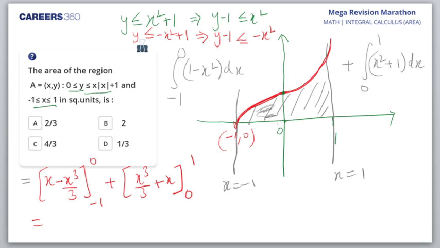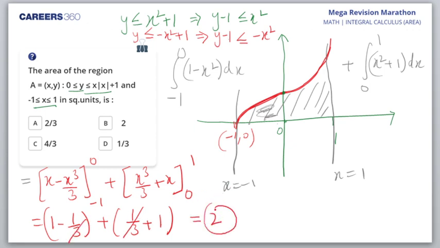When you put -1, you get 1 minus 1 by 3. This is the first bracket which we are getting, and then when we put 1, 0 will yield me 0, and when I put 1, I'll get 1 by 3 plus 1. So 1 by 3, 1 by 3 gone, 1 and 1, 2 is what I'll get. So 2 is the right answer.